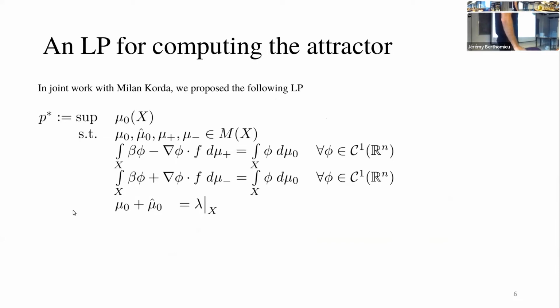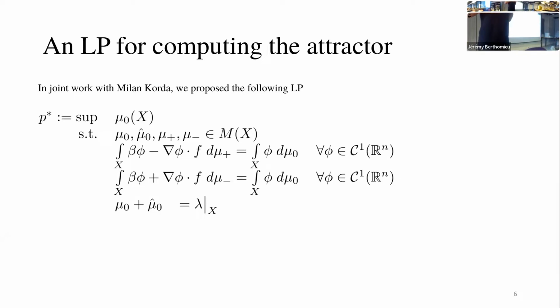And I don't want to go too much into detail what this LP exactly does. I'd say there are two ways to motivate this. One is to characterize the attractor as the intersection of two sets that are already understood in the sense of such linear program problems. This was done by Milan. And then you just have to patch those two LPs together and you arrive at this.